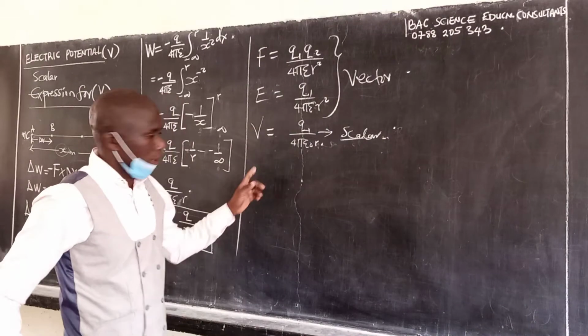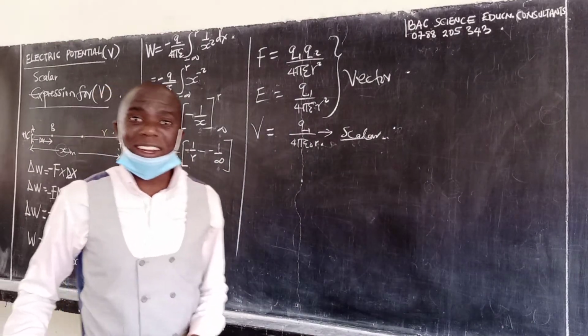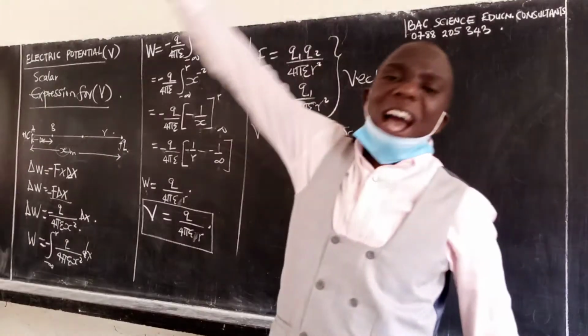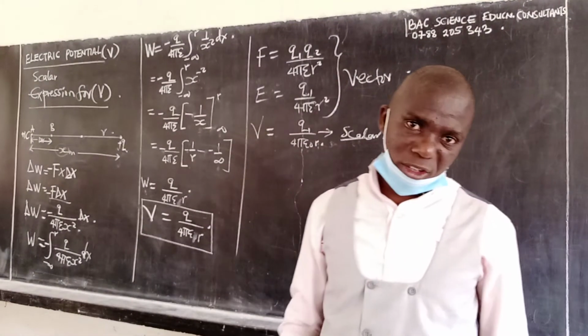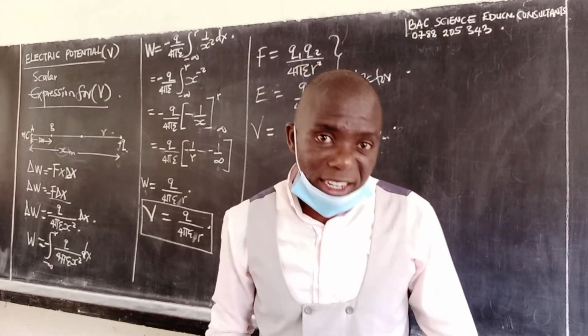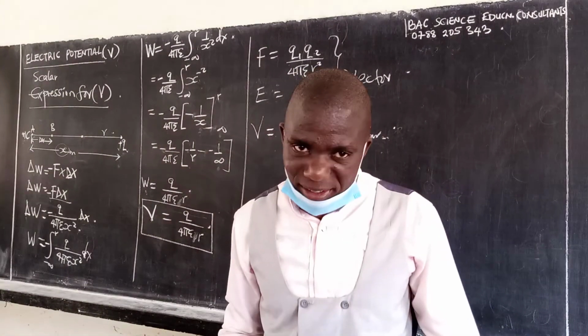Electric potential, we said, is the work done while moving one positive Coulomb charge from very far to a point against electrostatic force. We said it is a scalar quantity.